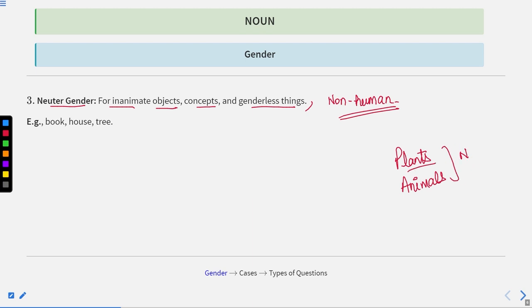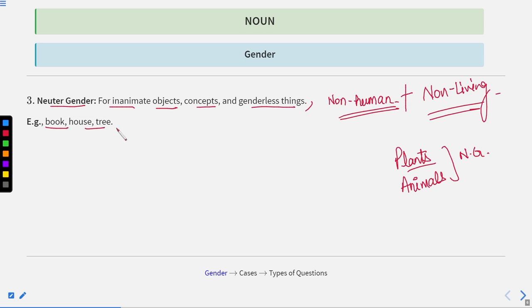We use neuter gender with them. Why so? Because I cannot say "he is a very tall plant" or "he's a very tall tree." No, it is a very tall tree, or it is a very tall plant, or it is a very beautiful plant, or it is the plant of rose. So for any non-human things, we use neuter gender. Or for inanimate objects, for concepts, for genderless things, it means if the things are non-living as well as non-human, we use neuter gender. So for non-human and non-living, we use neuter gender always.